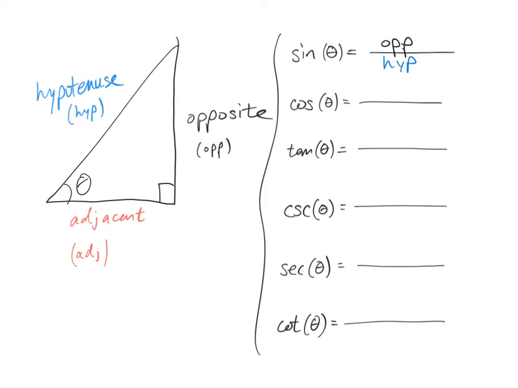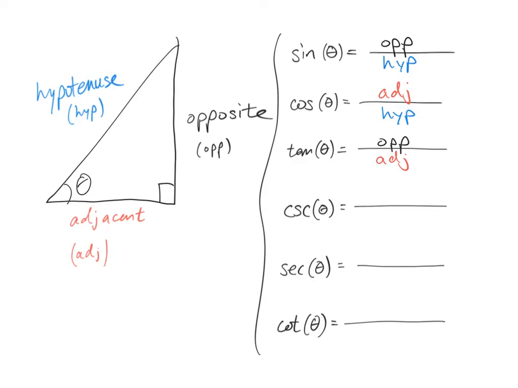So there we have it here, opposite over hypotenuse. The cosine of a given angle ends up being the ratio of the adjacent side divided by the hypotenuse. And the tangent of an angle is the ratio of the opposite side over the adjacent side.